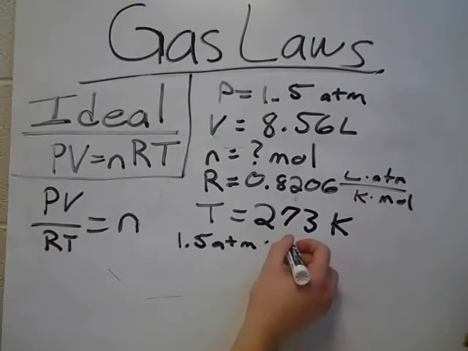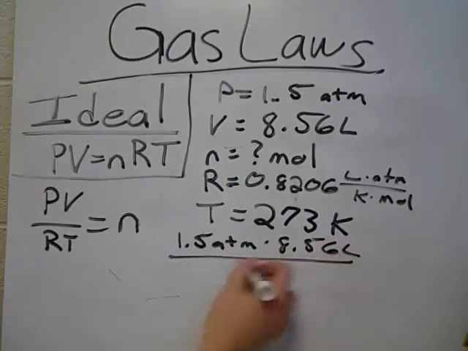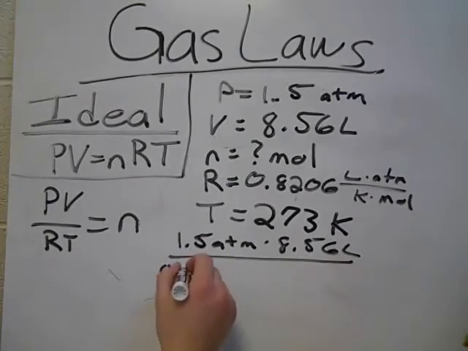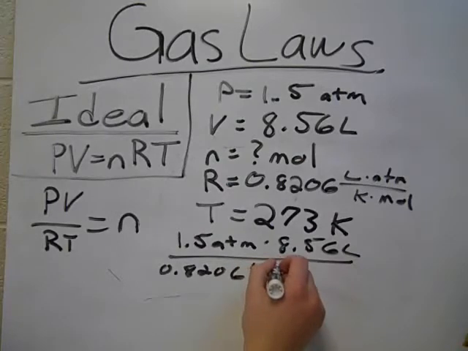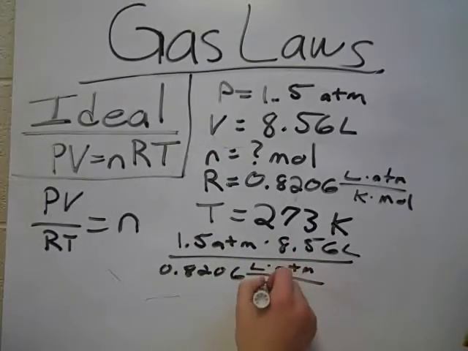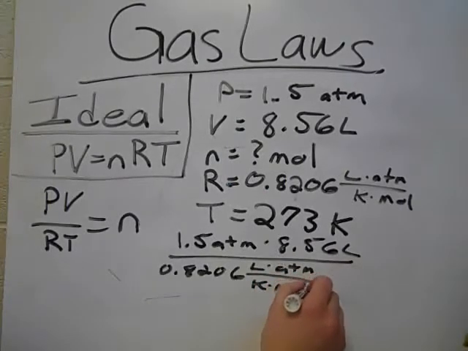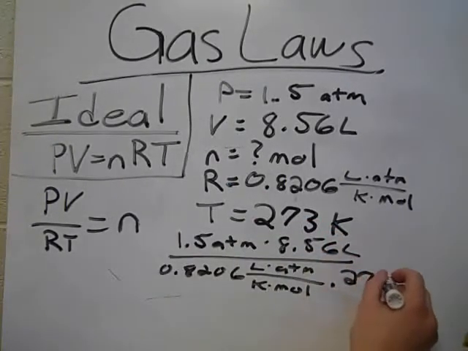V is equal to 8.56 liters. Divide that by 0.08206 liters ATMs over Kelvin moles. That one's fun. And multiply that by your 273 Kelvin.